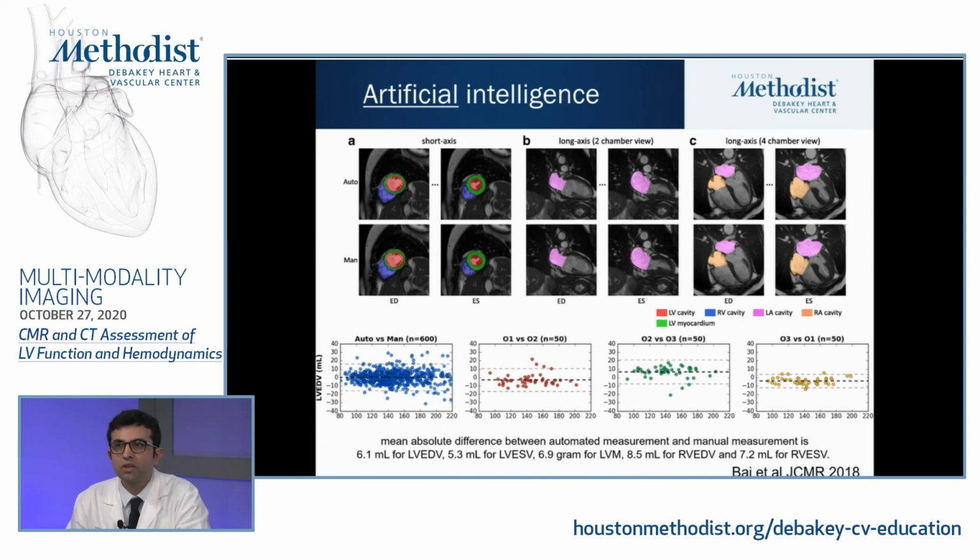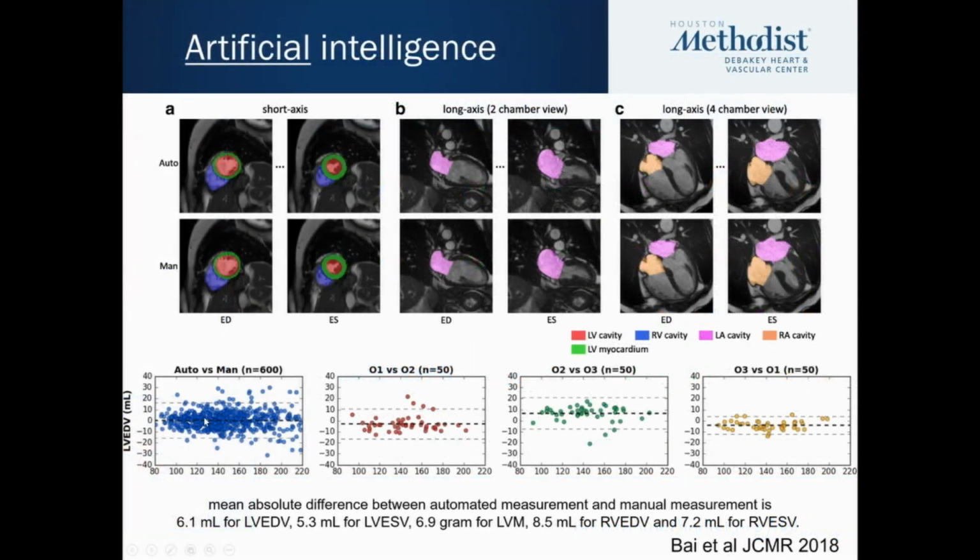Let's cover a little bit about what's going on with the future of MRI. Everyone's talking about AI and machine learning. This is a large study from the UK Biobank that looked at an AI methodology of assessing volumes, whether it's LV, RV, LA and RA, and had very good agreement against experienced observers.